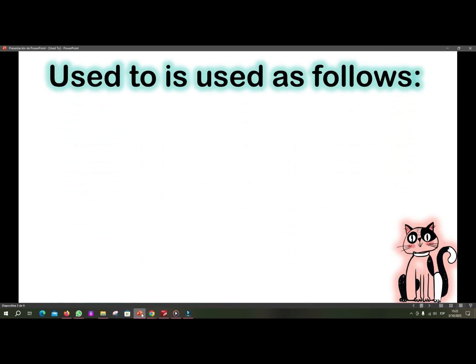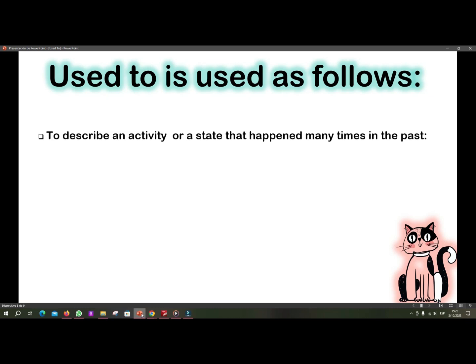So used to is used as follows. First, to describe an activity or a state that happened many times in the past. For example, Jerry always used to go for a run before breakfast. So that is an activity that that person used to do in the past.